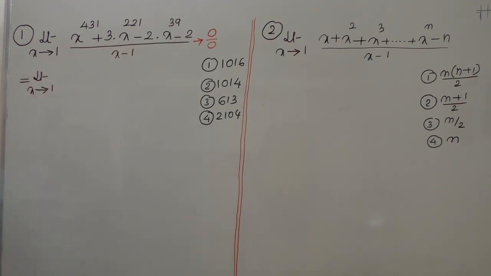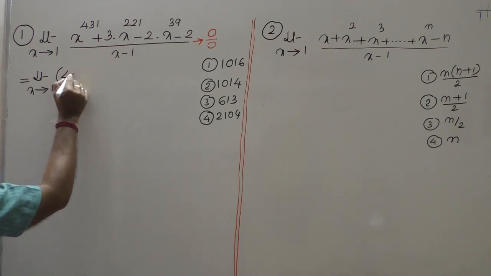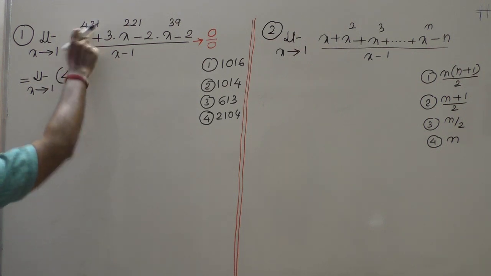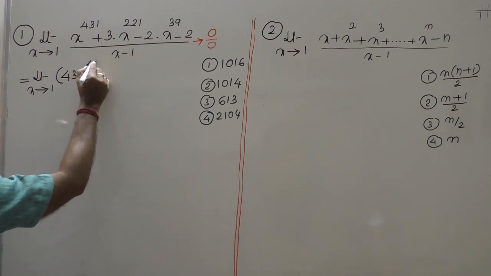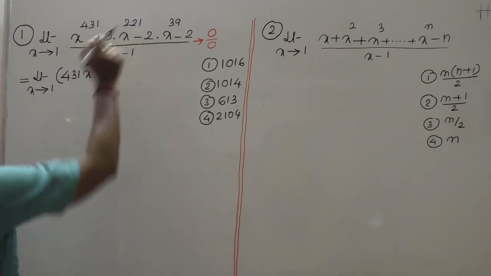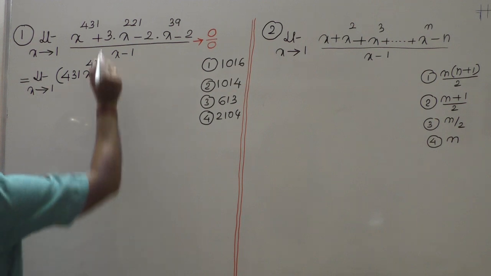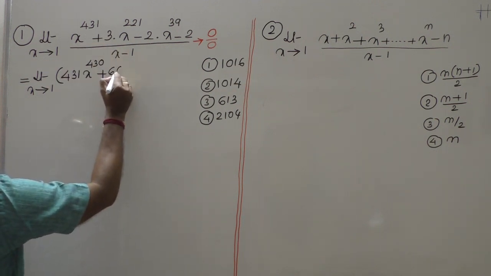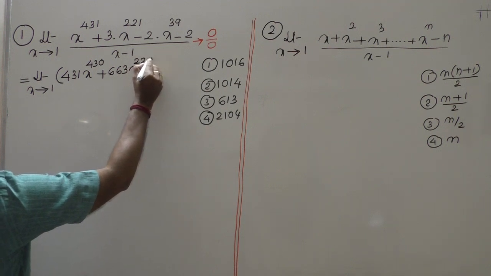Differentiate numerator and denominator separately. I am differentiating the numerator. For x power n, the formula gives 431 into x power 430. Plus 3 is there. Using x power n again, 221 into x power 220, with 3 there, gives 663 into x power 220.